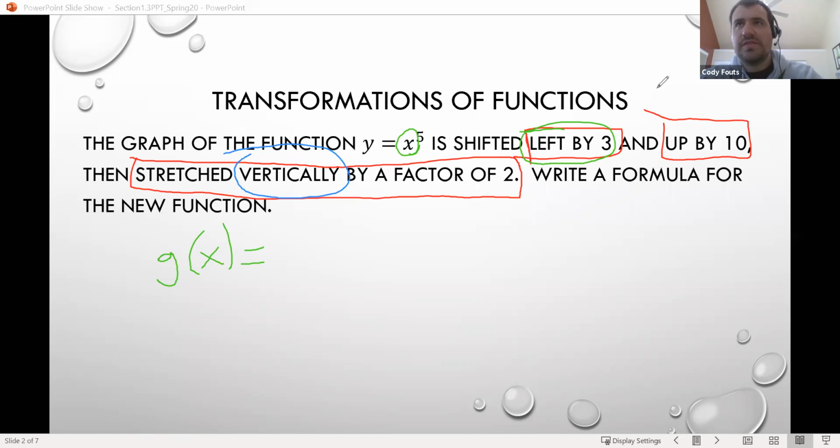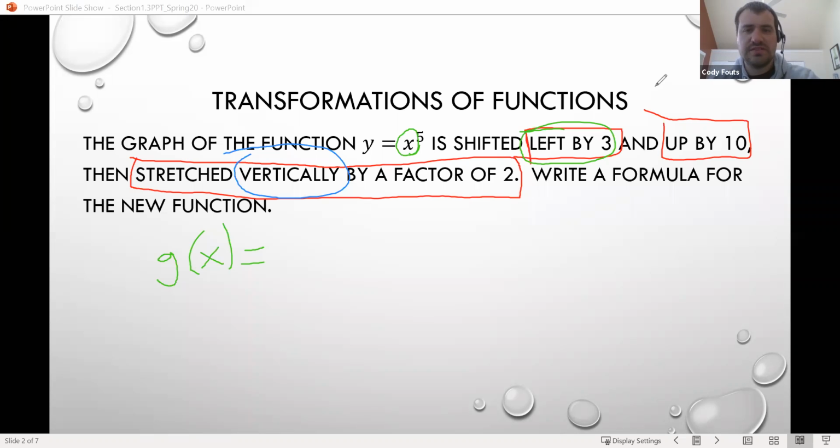Also, if you recall, we have a nickname that I've used in my classes for the inside of the function, and we call that the house of lies. And we call it that because it does the opposite of what we think it would do. So here, we're moving left by 3.